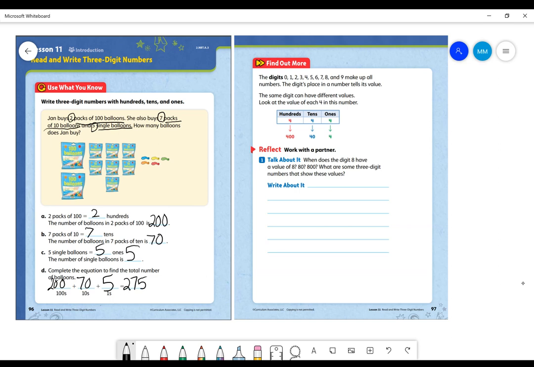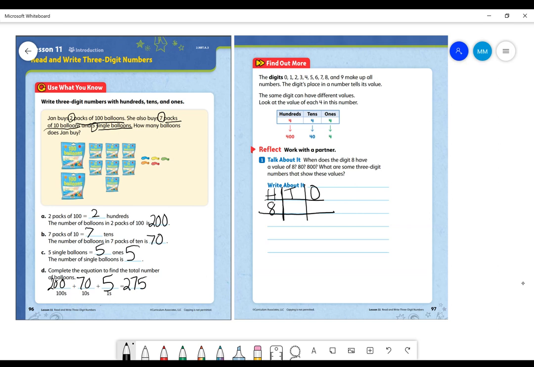So I'm going to draw a hundreds, tens, and ones chart. And we are going to show different ways that we can have 8 in the hundreds place, the tens place, and the ones place. So, for example, I could have 800.